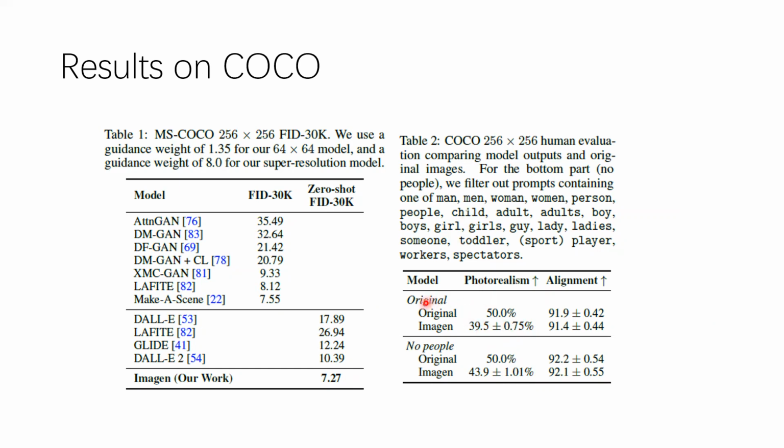An interesting thing is that when you do all kinds of images, the score is like 40%. But if you exclude all the prompts containing people, like man, woman, men, so you don't generate images about people, the score actually improves. So you think that this model is actually bad at generating images of people, but good at generating images of others.